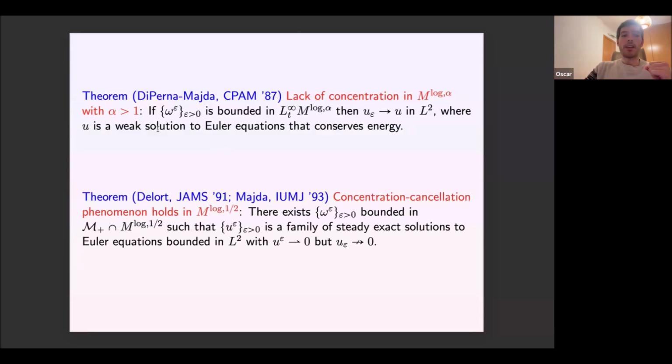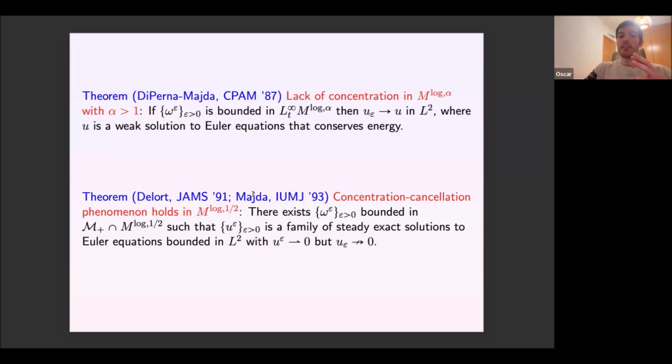On the other hand, working with alpha equal to 1/2, a celebrated result by Delort in 1991 asserts the concentration-cancellation phenomenon. So here you can read the precise statement, and let me mention that the original formulation of Delort does not involve the concentration-cancellation phenomenon. More precisely, Delort shows the existence of solutions in the negative Sobolev space H^{-1}.